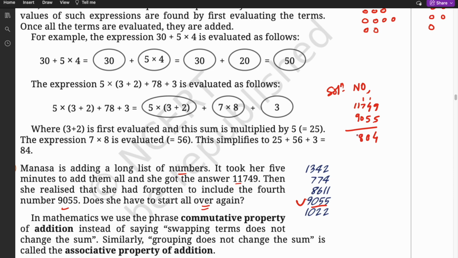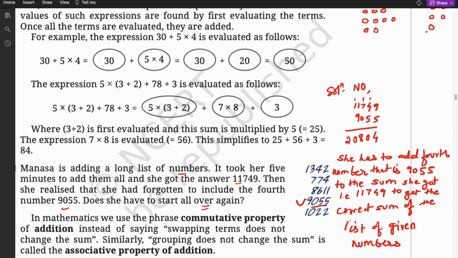Now 1 plus 9 is 10, 0 carry 1, that is 2. So the answer is 20,804. So what she did, she had to add the fourth number, that is 9,055, to the sum she got, that is 11,749, to get the correct sum of the list of given numbers.